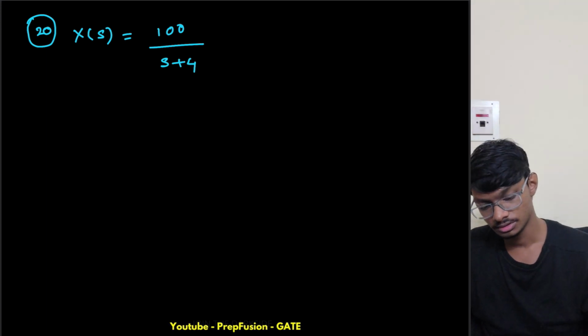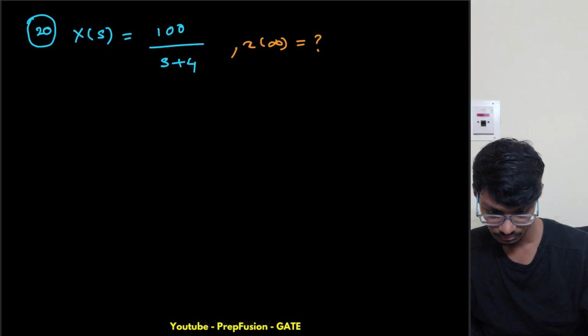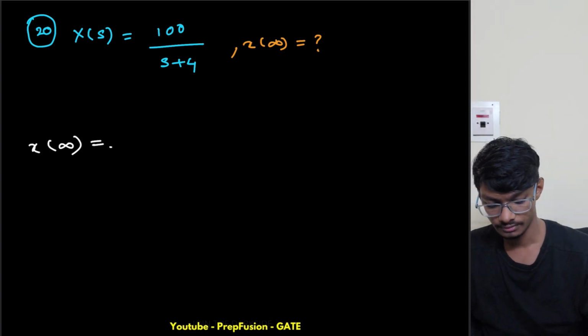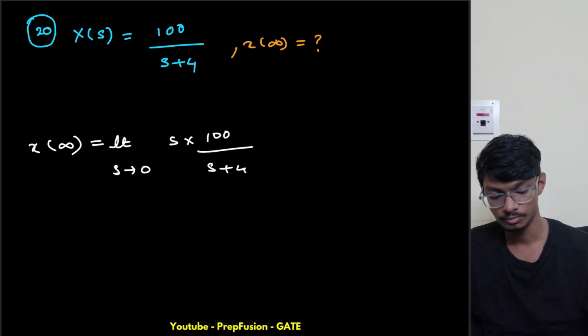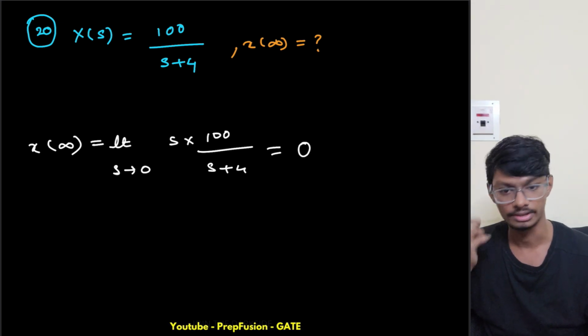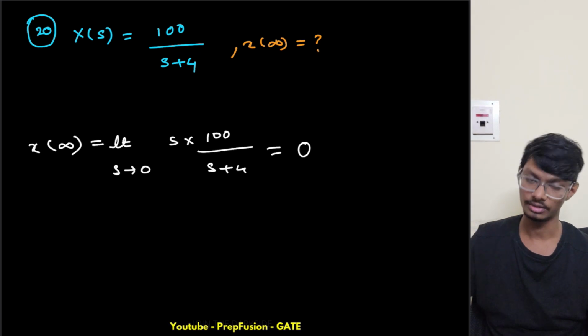What will be x of infinity? x of infinity equals the limit as s tends to 0 of s times 100 divided by s plus 4. Now put s equals to 0 in both numerator and denominator. What do you get? We get simply 0.